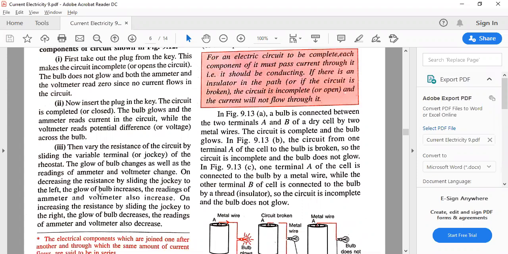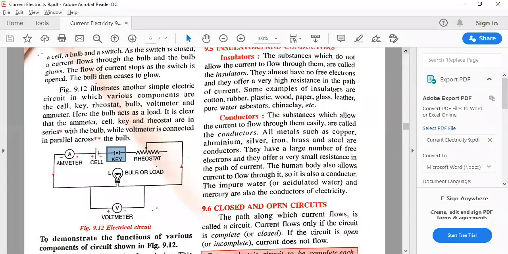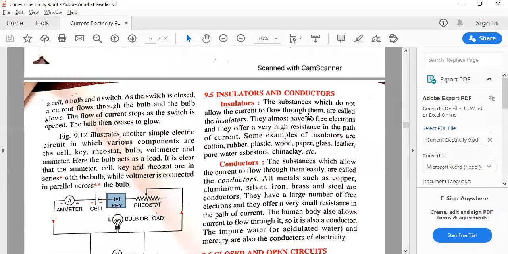Hence the bulb glow will be increasing. Okay, so voltmeter and ammeter readings will also increase. Okay, now if you increase the resistance, what will happen? The glow of bulb will decrease. Hence the ammeter and voltmeter reading also will decrease. Reduce. Yes.